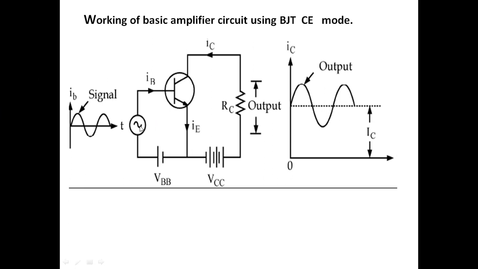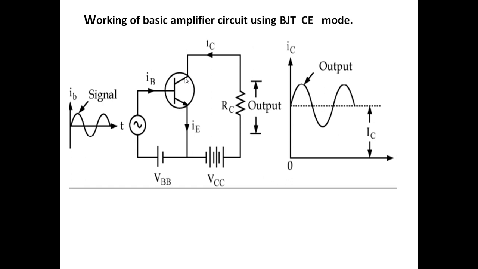IB is flowing through the base, which is the input terminal in common emitter configuration. This is the transistor, in which this is the base terminal, this is the emitter terminal, and this is the collector terminal.